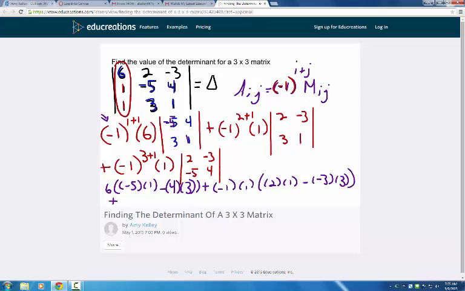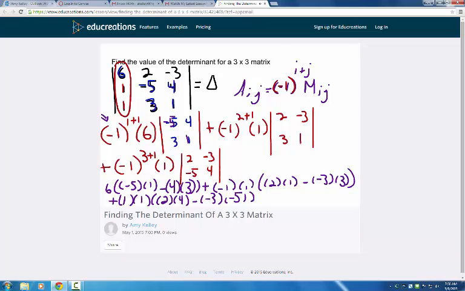Plus, now moving on to our third term, negative 1 to the 3 plus 1, which is positive 1, times positive 1, times the determinant, which is 2 times 4, minus negative 3 times negative 5.